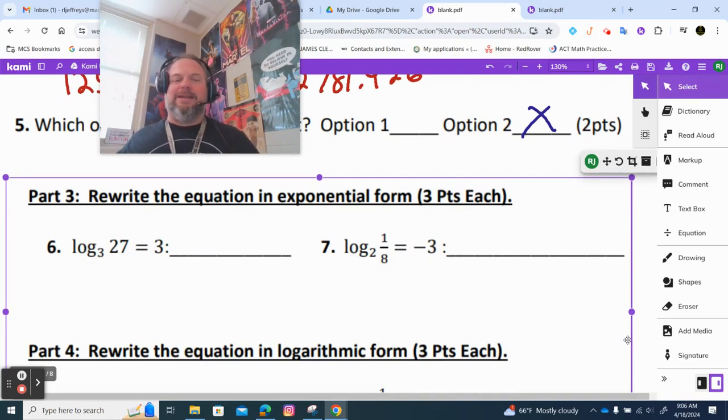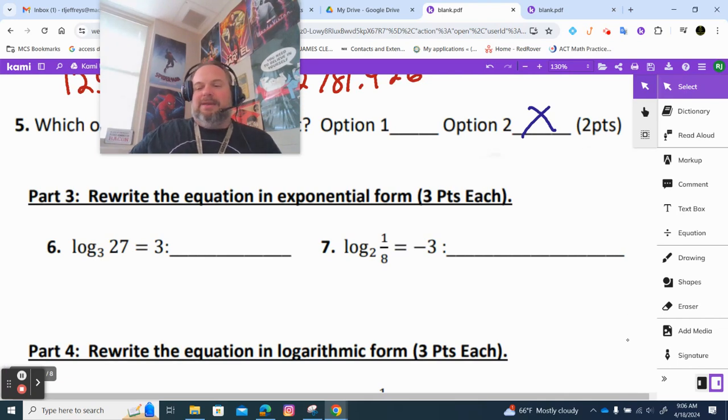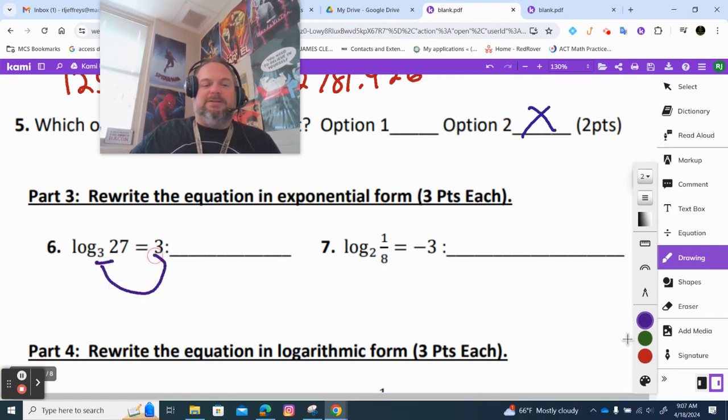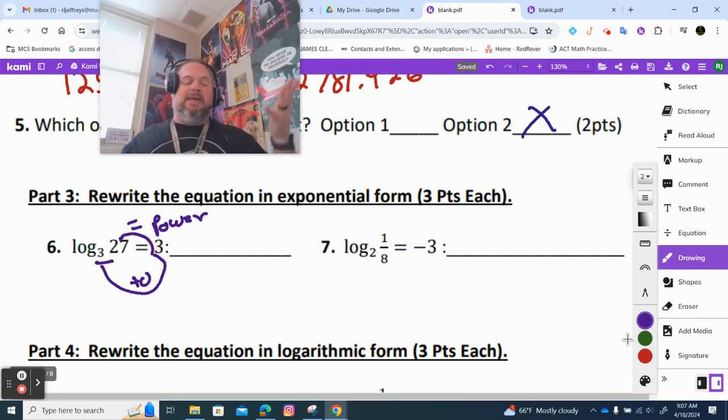I didn't really write down a thing for part 3 because however you do your stuff, remember it's this number to this power equals that number. That's kind of how I used to do it, believe it or not.